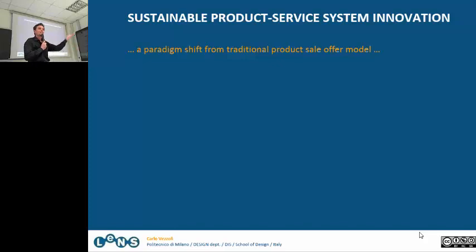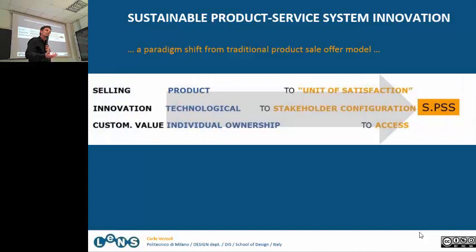What is changing? You remember that we moved from selling products to selling satisfaction, what we call units of satisfaction. And linked to that, when you're talking about satisfaction, in a service society you have to design both product and services related to this unit of satisfaction.